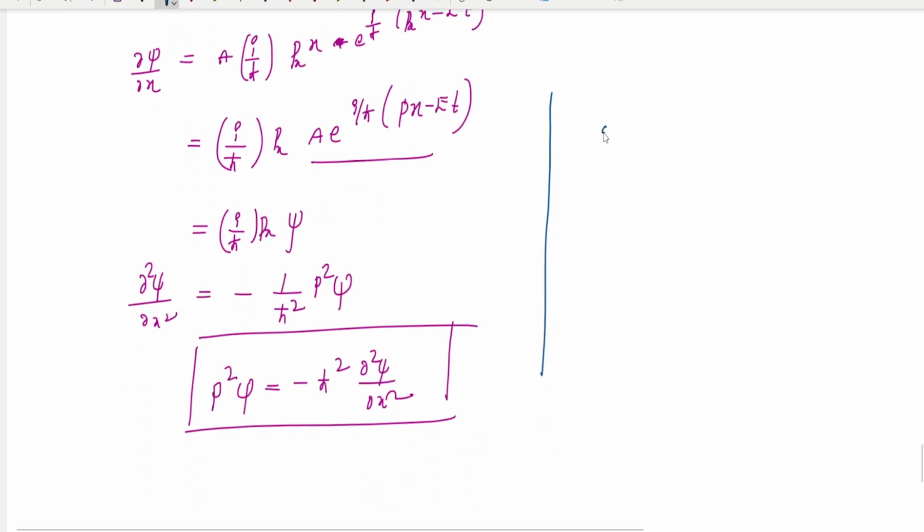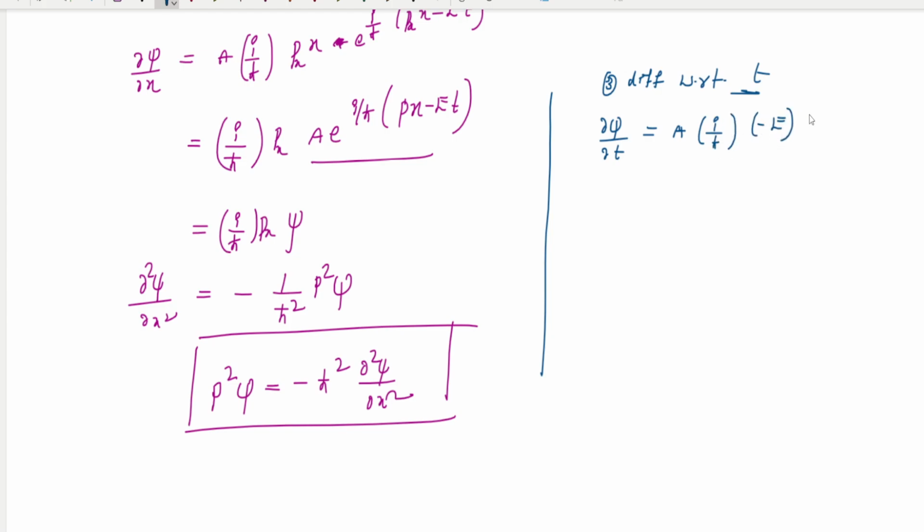If I differentiate equation number 3 with respect to time, you can get this easily: A times minus i/ħ E, e^(i/ħ (p_x x − Et)). After differentiating, the x term is a constant.